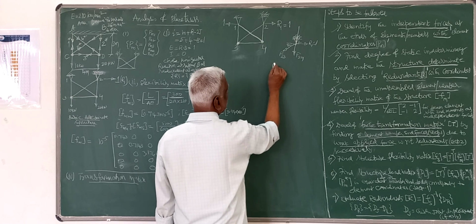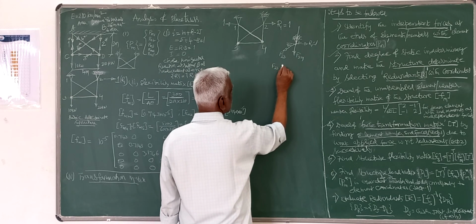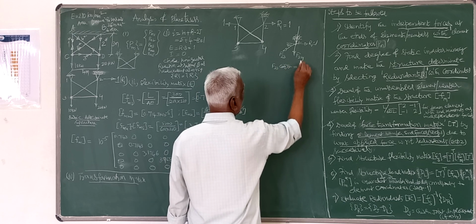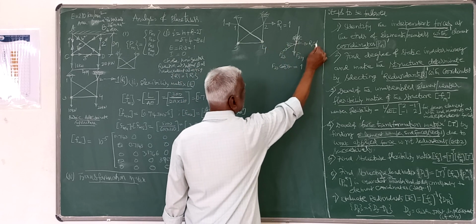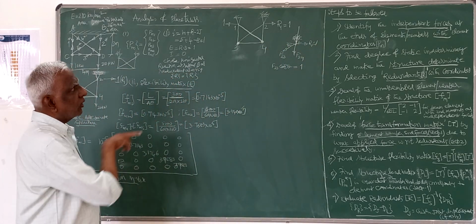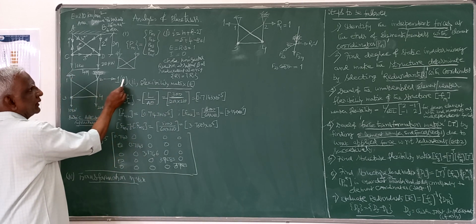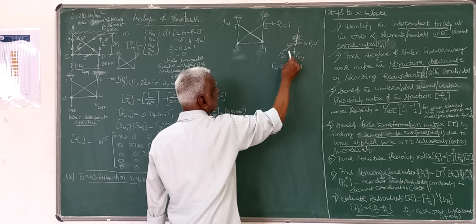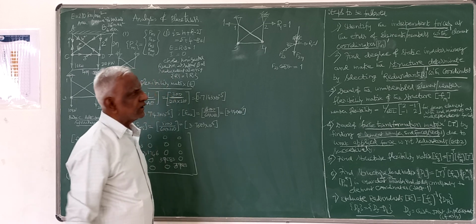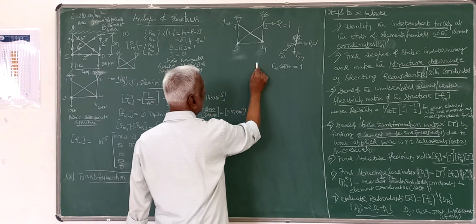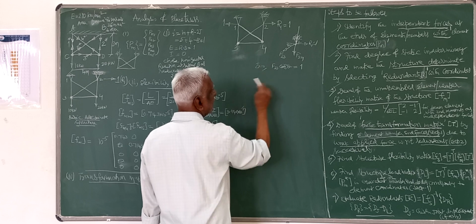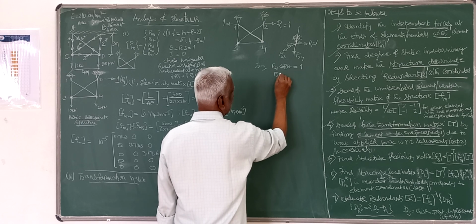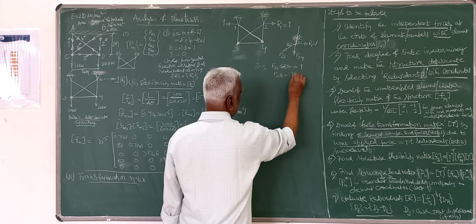To satisfy the equilibrium condition, if I take the sum of all horizontal forces equal to 0, I will get F23 cos theta equals 1, or F23 is 1 by cos theta.